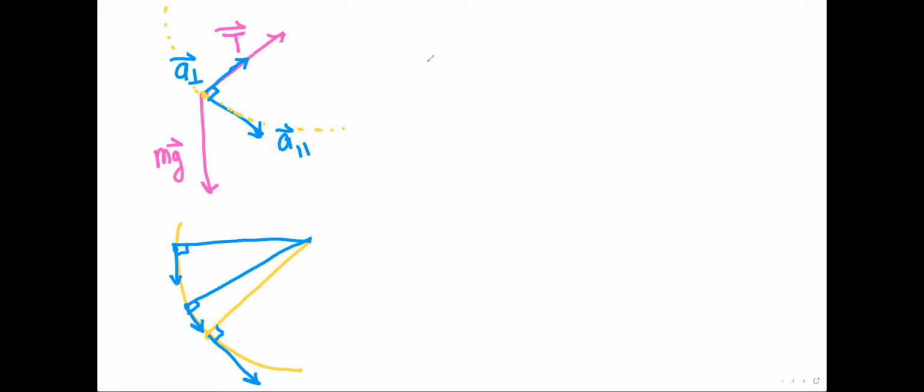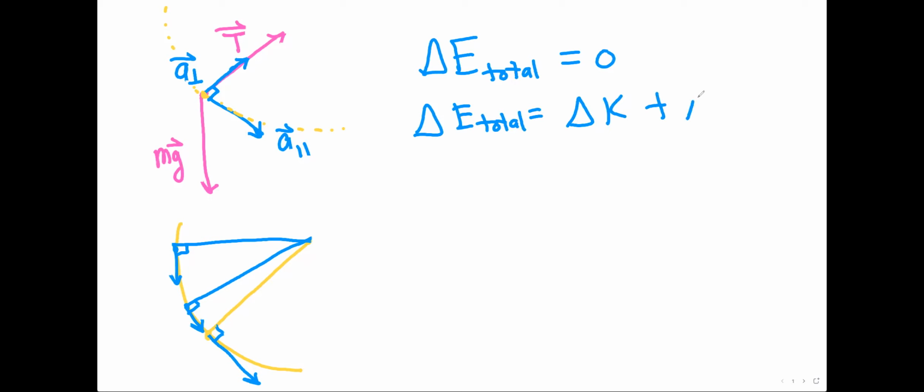So I meant speed, not velocity. Excellent. So basically delta E, the change in total energy, has to be 0 because of conservation of energy. And delta E total equals delta kinetic plus delta potential.